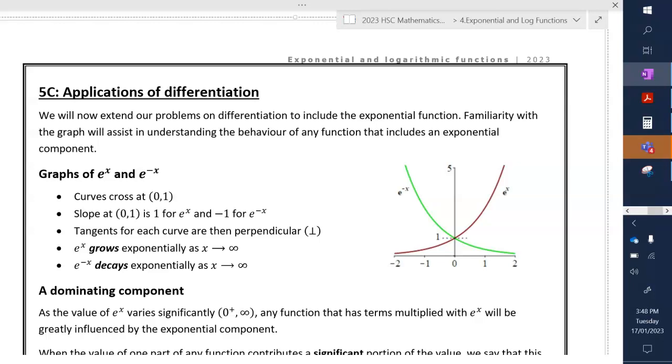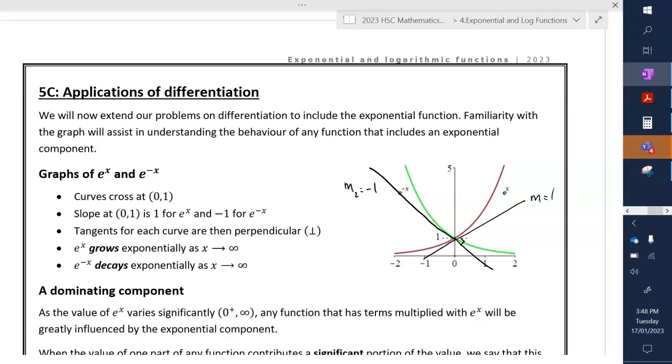I don't want to mess the diagram up, but a tangent to e to the x at (0, 1) would have a gradient of 1. A tangent to e to the minus x at (0, 1), we'll call that m2, would have gradient minus 1. And we'd find that these two tangents of e to the x and e to the minus x at (0, 1) would actually be perpendicular. So that's a handy little tip to know, and that's that third point down there.